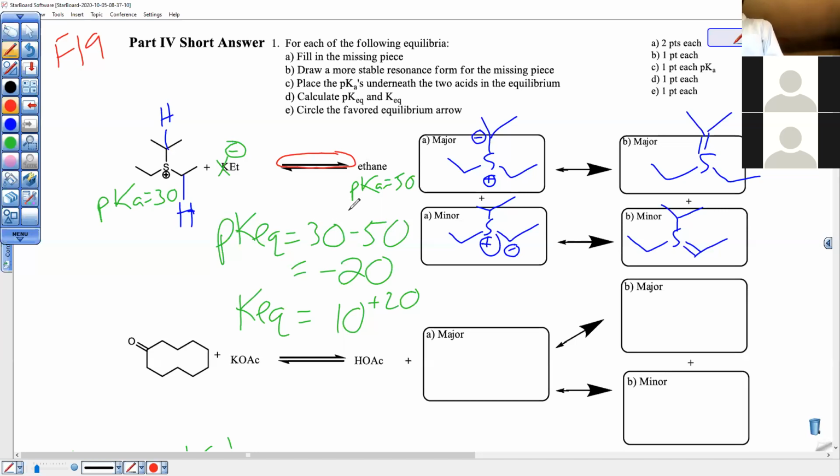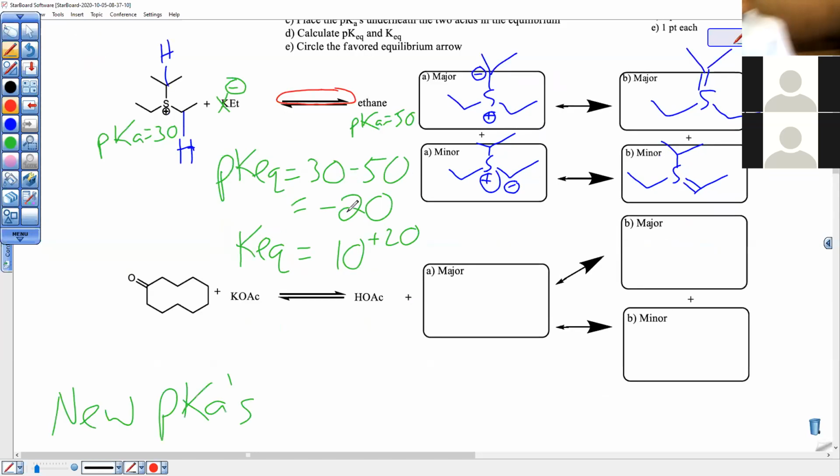And then the next one, carrying on, we've got alpha H's to a ketone is the best, and that's a new pKa as well. Both of those are going on our list. 20. And for HOAc, I'd like to remind you what HO is, and here's what Ac looks like.